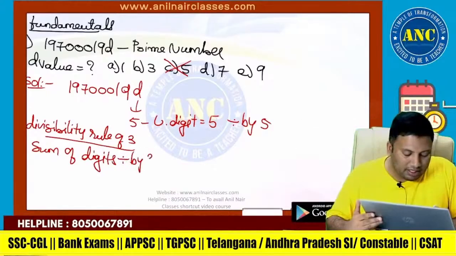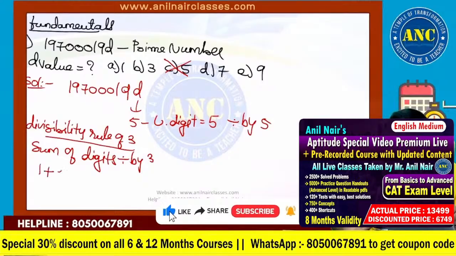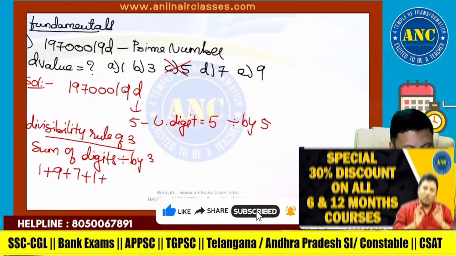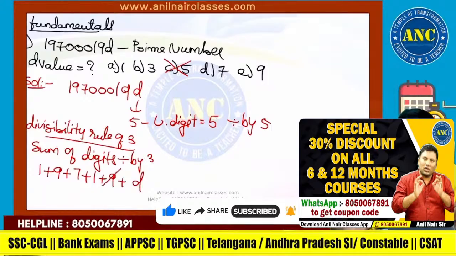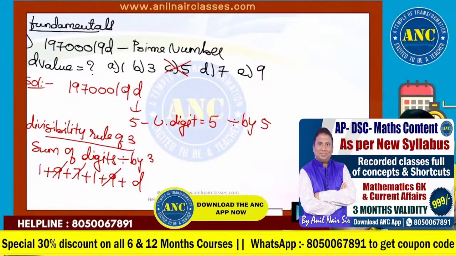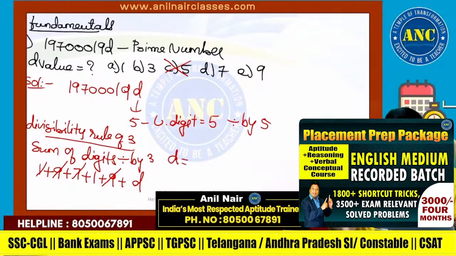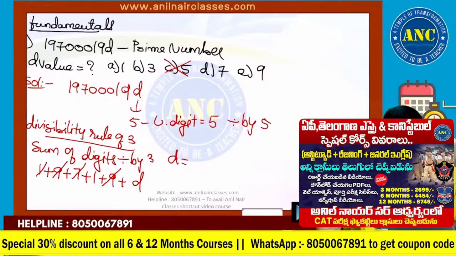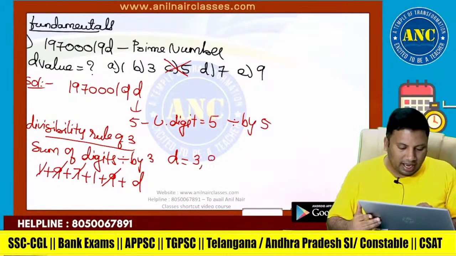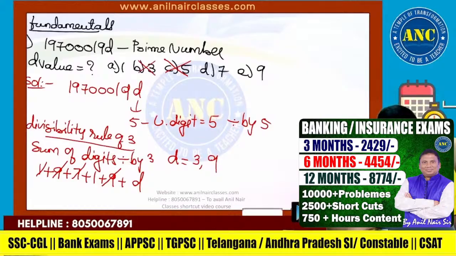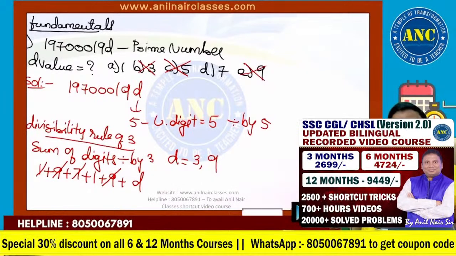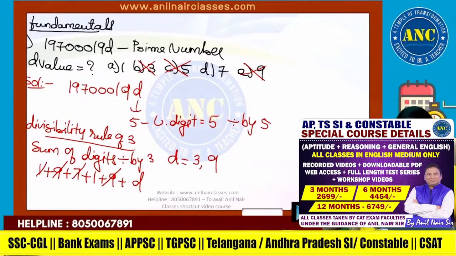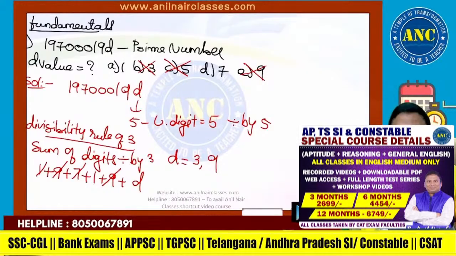Sum of the digits: 1 plus 9 plus 7 plus 1 plus 9 plus D. 9 is divisible by 9, and 7 plus 1 plus 9 is divisible by 9. That means it is divisible by 3. In the divisibility rule of 9, all the factors of 9 also obey the same divisibility rule. So D can be either 3 or 9. These are not possible. 5 is out because if the unit digit is 5, the answer will be divisible by 5. If the unit digit is 3 or 9, the sum of the digits will be divisible by 3.